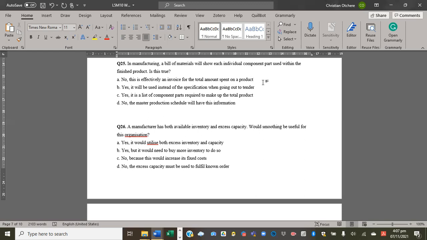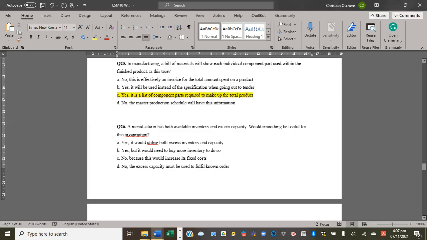We use bill of materials instead of specification when going out to tender. No. Then yes, it is a list of component parts required to make up the total product. Yes, good. So C will be the most appropriate response.